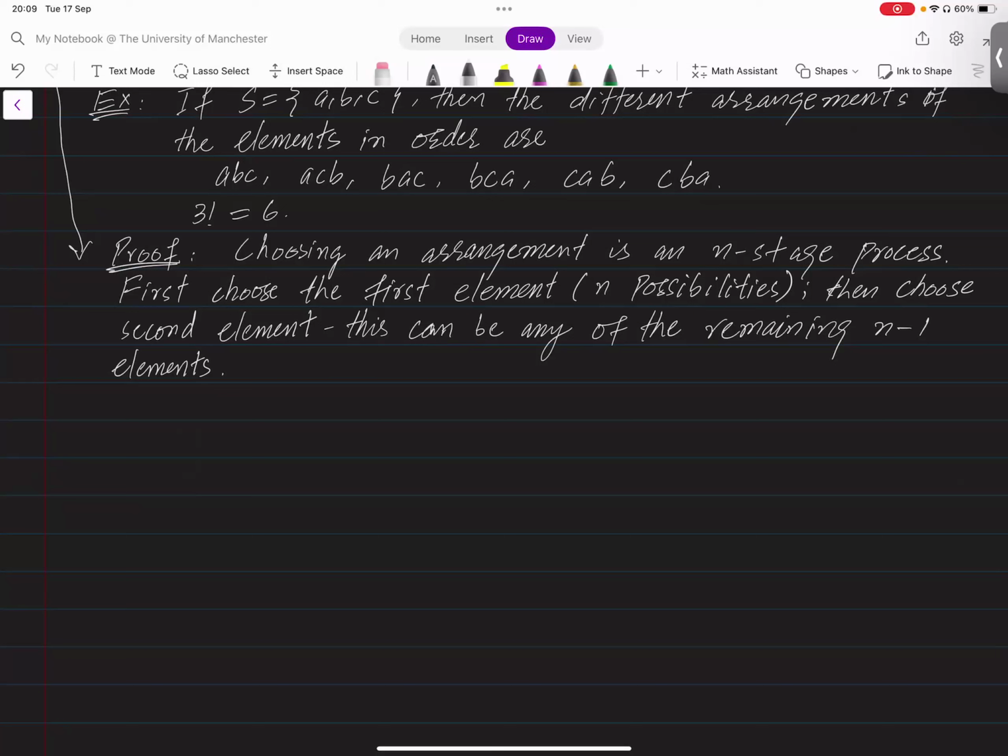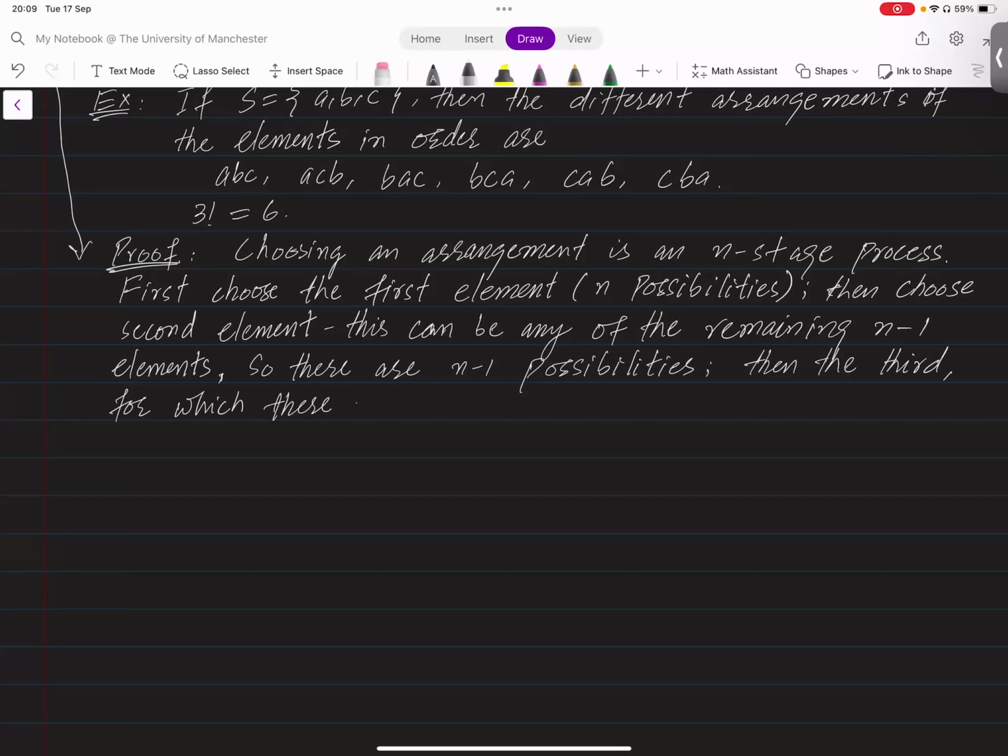So there are n minus 1 possibilities. Then the third, for which there are n minus 2 possibilities, and so on.